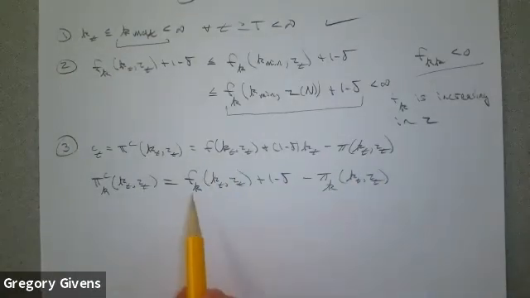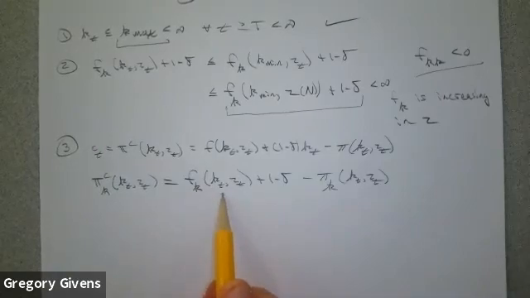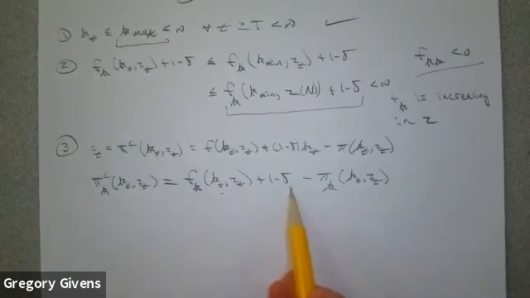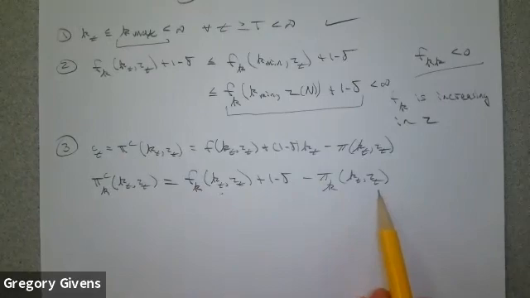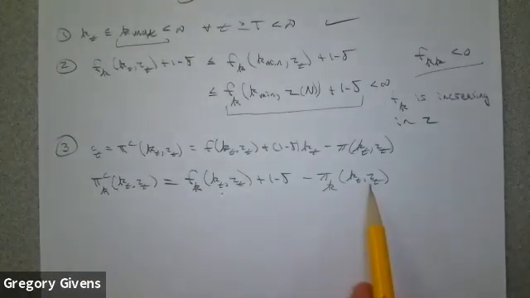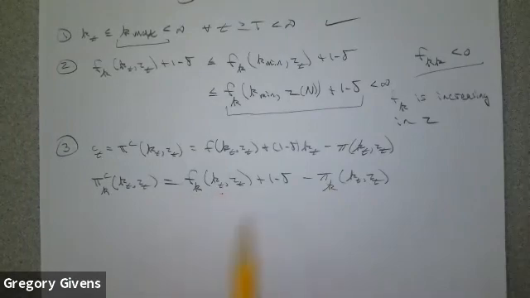Okay, let's see. This is a positive. This is a positive, but pi_k is also positive, right? We know that the policy function for capital is increasing. The question is whether or not it's bigger than or less than f_k plus 1 minus delta.